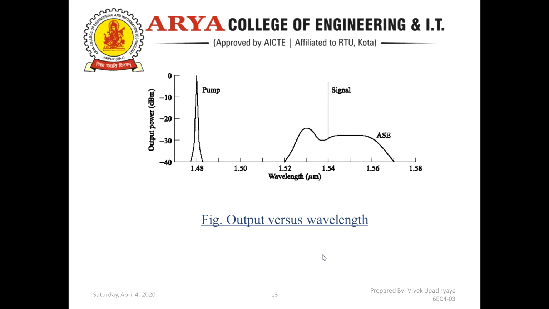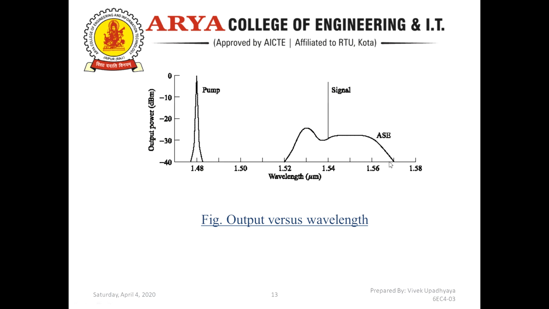After this, again the output versus wavelength curve. Here we can see that the pump power is very high at 1.48 micrometer. Here the window for the Raman is about 1.52 to 1.57 micrometer.